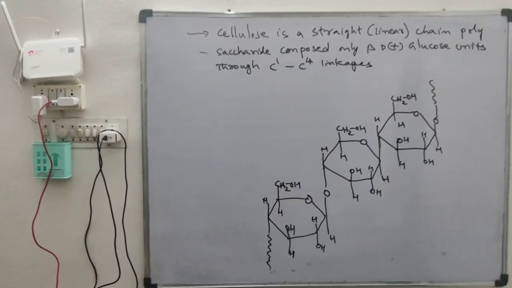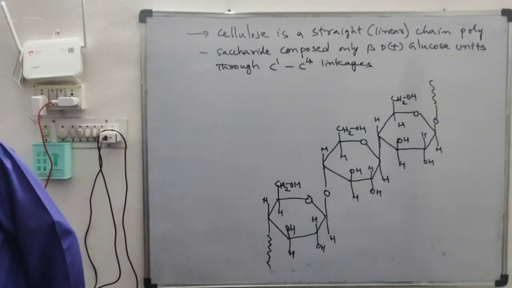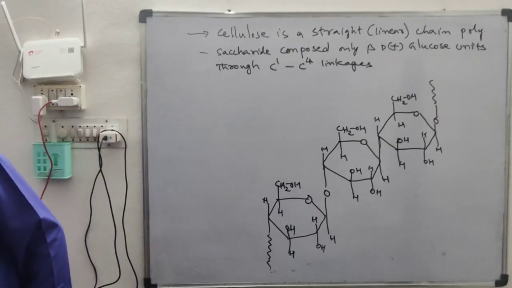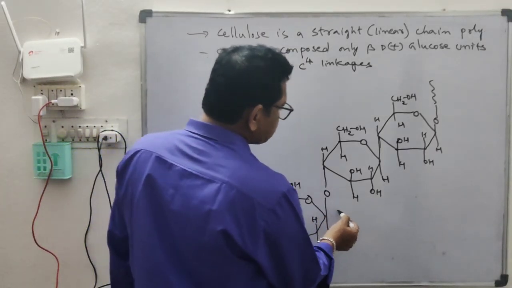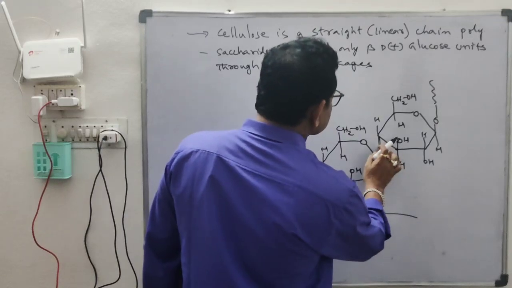Structure of cellulose. Here what happens? All are beta glucose units, you know very well. All are beta glucose units, and linkage through C1 C4. So these are beta, no? This one.